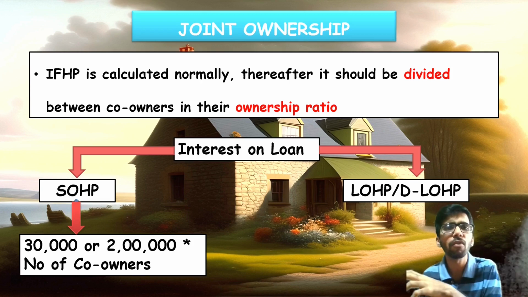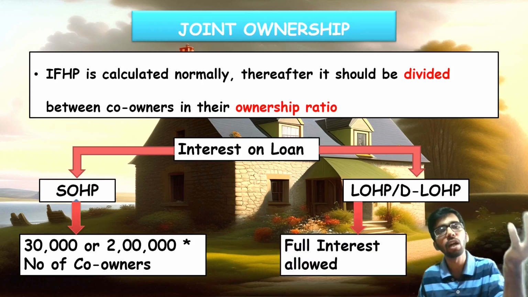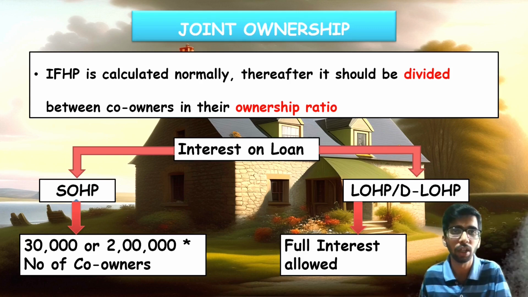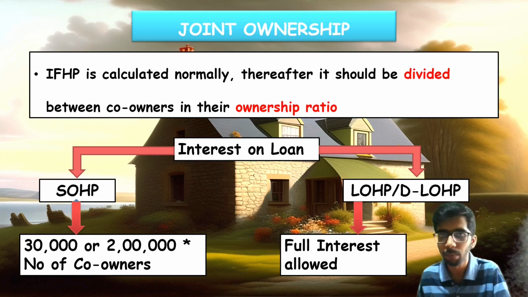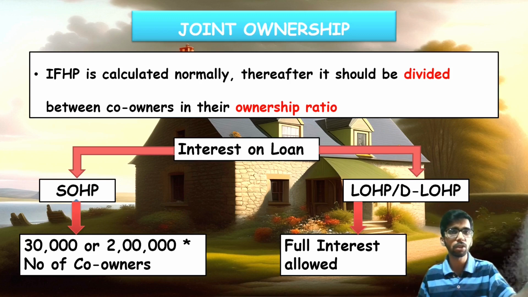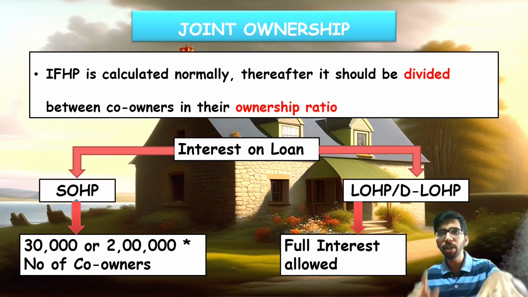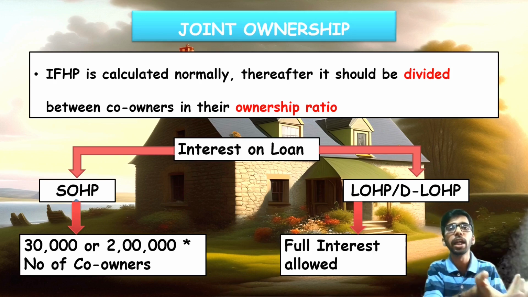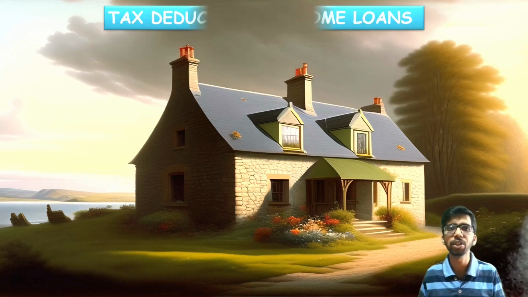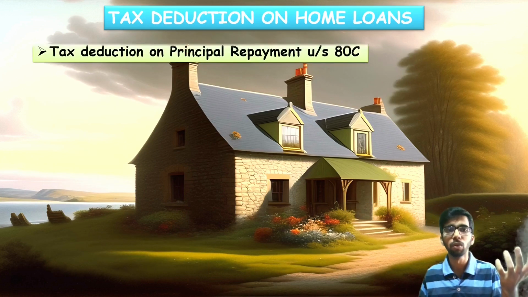Understood? In case of let-out house property, the entire housing loan interest paid you will get as a deduction under section 24(b). But in case of self-occupied house property, that restricted portion, that is 30,000 or 2 lakh as the case may be, into the number of co-owners will be the interest deduction limit. Understood now? Next, tax deduction on home loans.